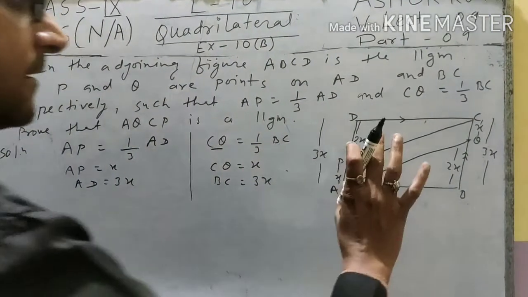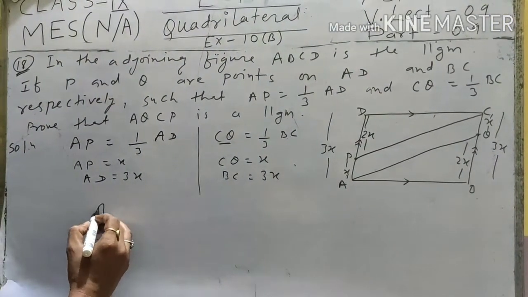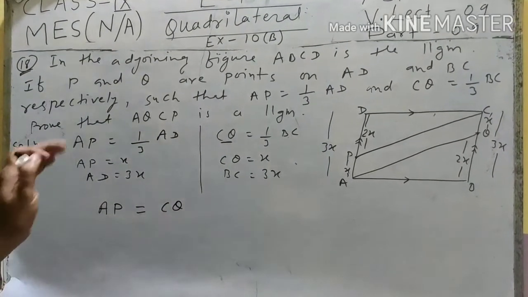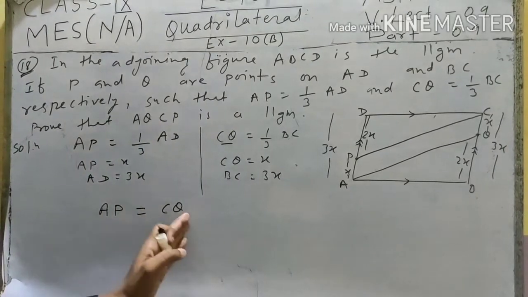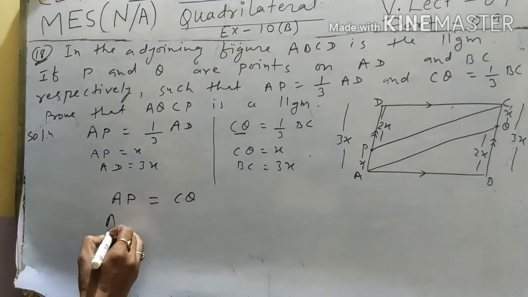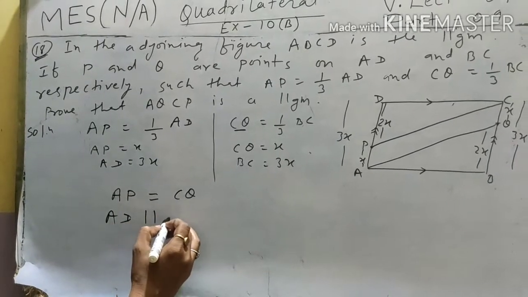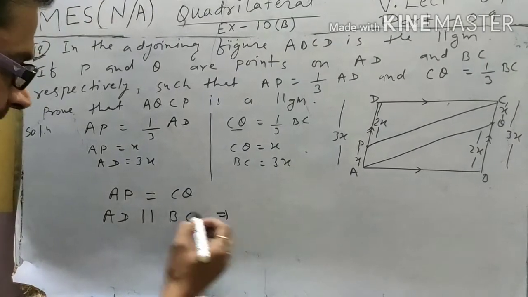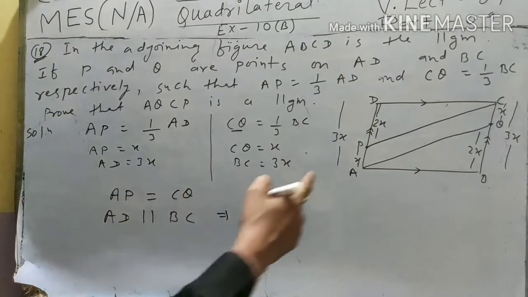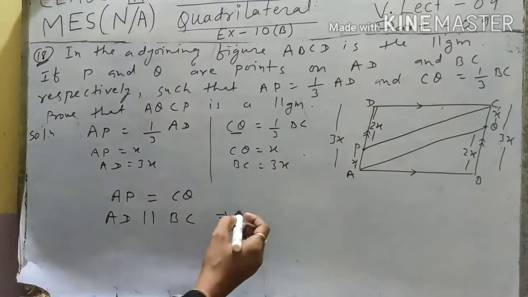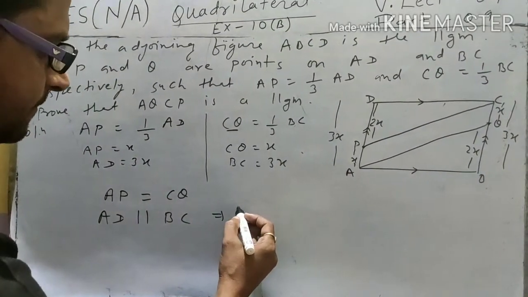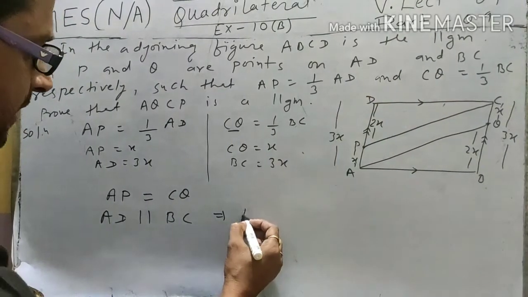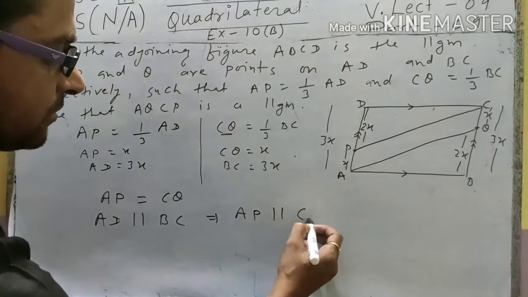In this case, we can say here AP is equal to CQ. Okay. So according to this information, we get here AP is equal to CQ and AD is parallel to BC. We know that AD is parallel to BC, and here already proved AP is equal to CQ. So AP is parallel to CQ.